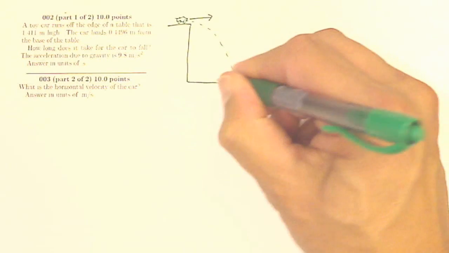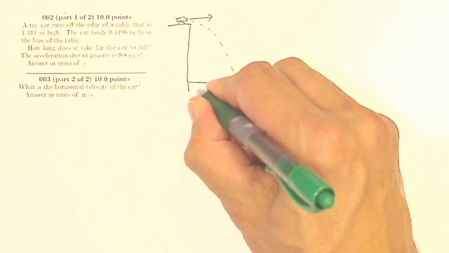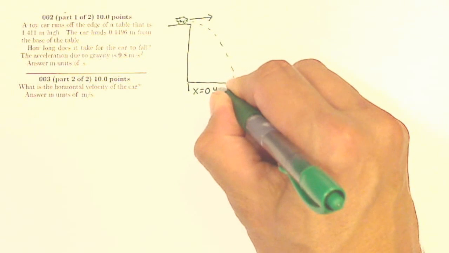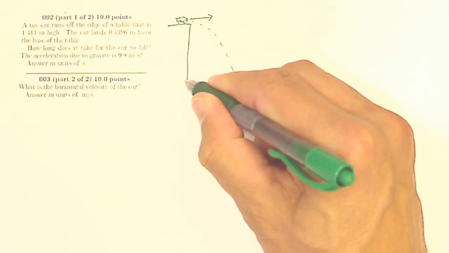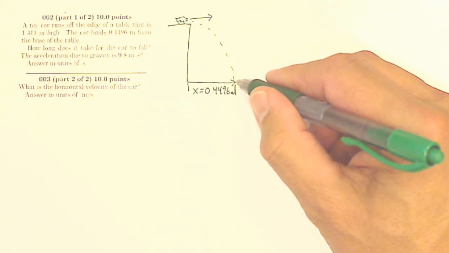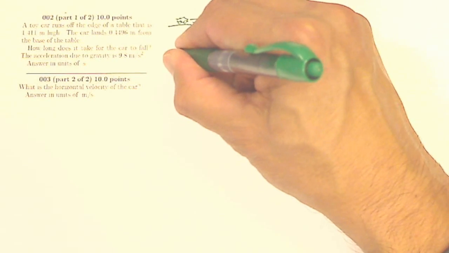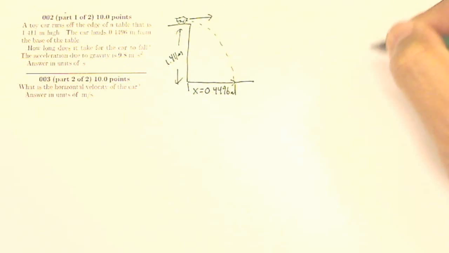I know that this distance is given by the car lands 0.4496 meters, so I know that my displacement is 0.4496 meters. That's what this from the base of the table over is. I also know that the table is 1.411 meters high, so I'm going to write 1.411 meters to give me this height.